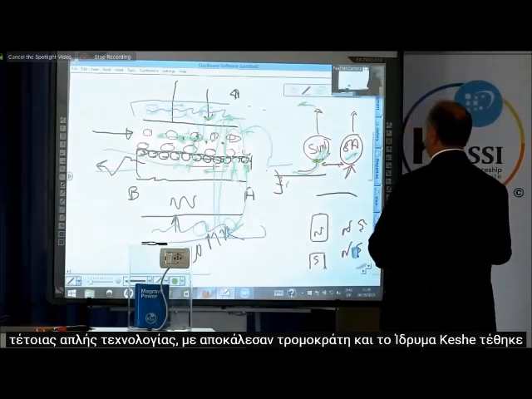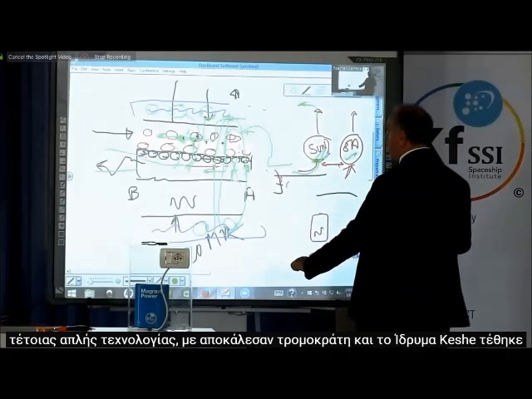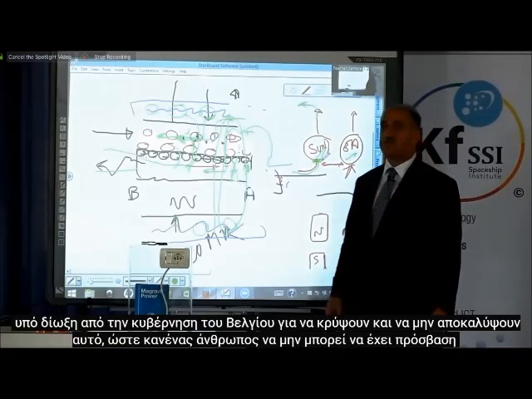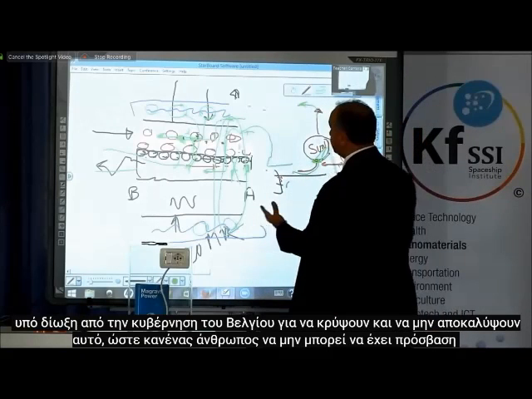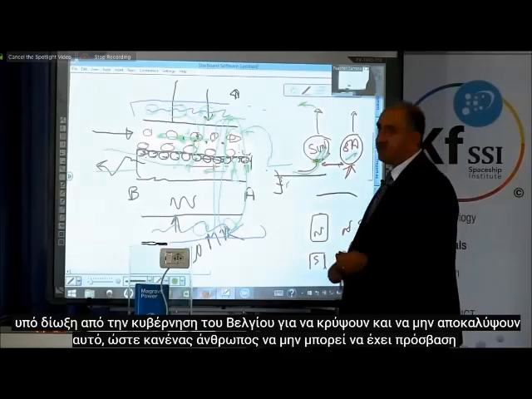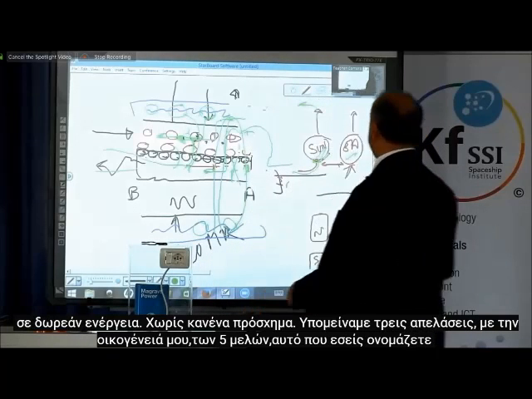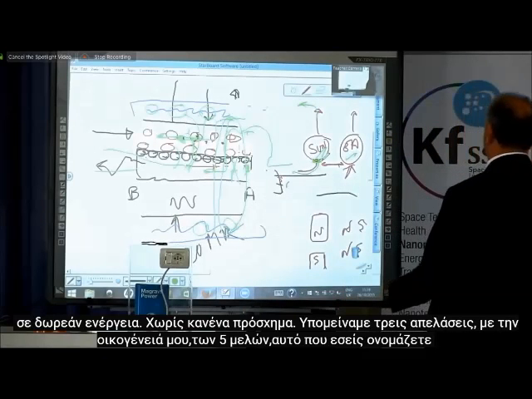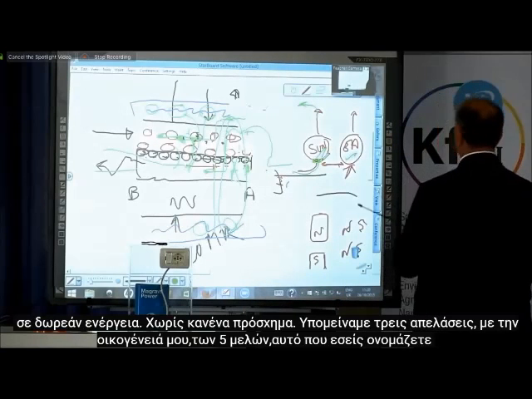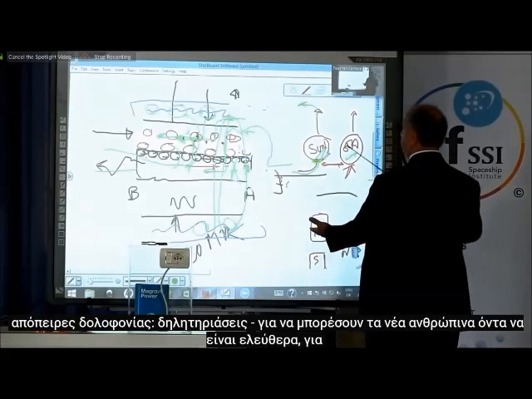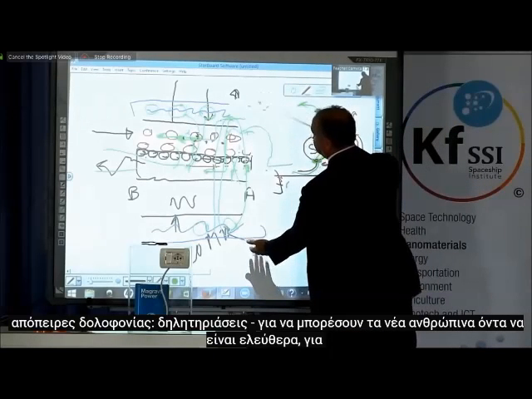They called me a terrorist, and my organization, Keshe Foundation, was brought under persecution by the Belgian government to hide and not disclose this, so that no man can have access to free energy. Now it's yours. We endured three exiles with my family and five attempted murders, poisoning, for you human beings to be free to understand this, to have energy.